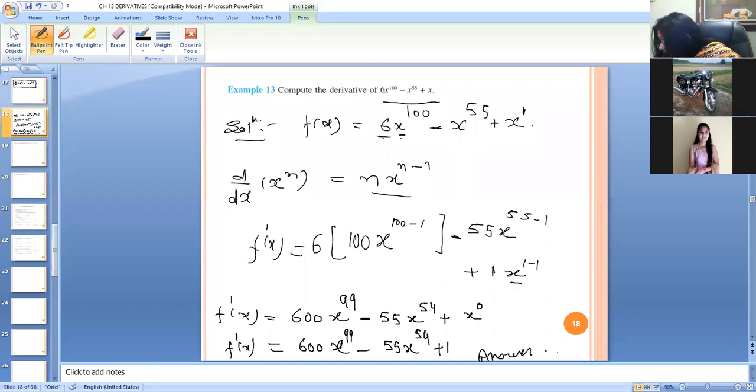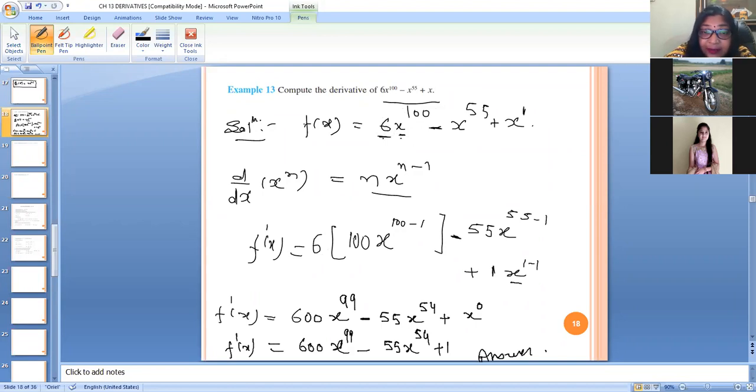So this will be the answer to the question. You just check it again. If f of x is 6x raised to power 100 minus x raised to power 55 plus x, then it will be difficult to apply first principle. We will directly use the formula d upon dx of x raised to power n is n x raised to power n minus 1. Whenever we have a constant multiplied with a variable term, we keep the constant outside and directly take the derivative of the x term.